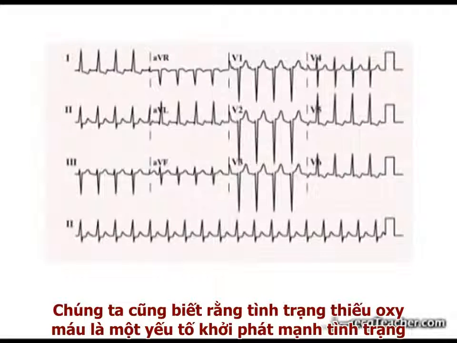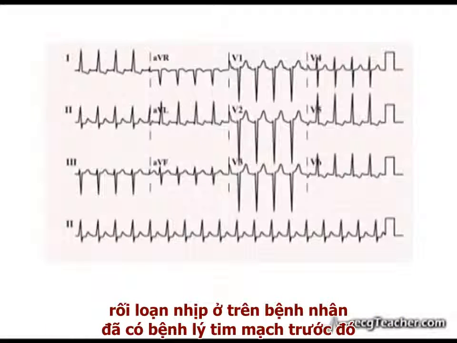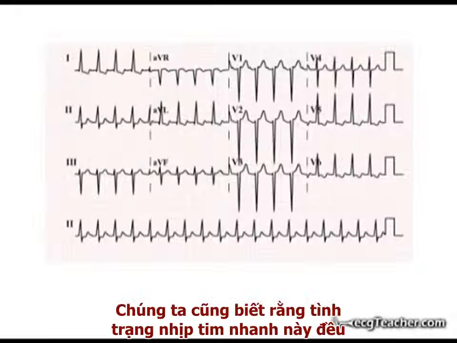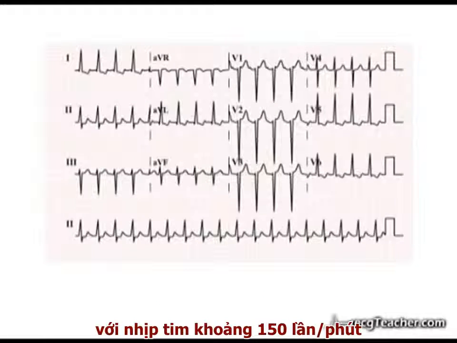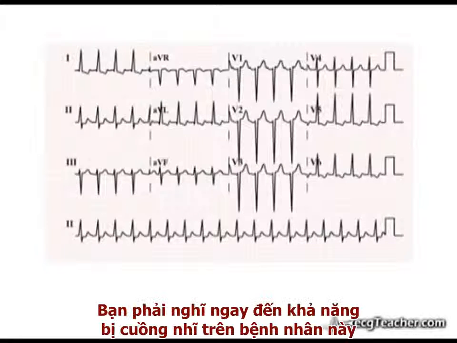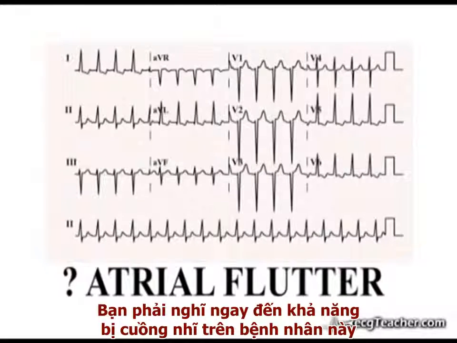We are aware that hypoxia is a potent trigger of arrhythmias in the presence of heart disease. We also note that the tachycardia is monotonously regular, with a heart rate of 150 beats per minute. This should immediately alert us to the possibility of underlying atrial flutter.